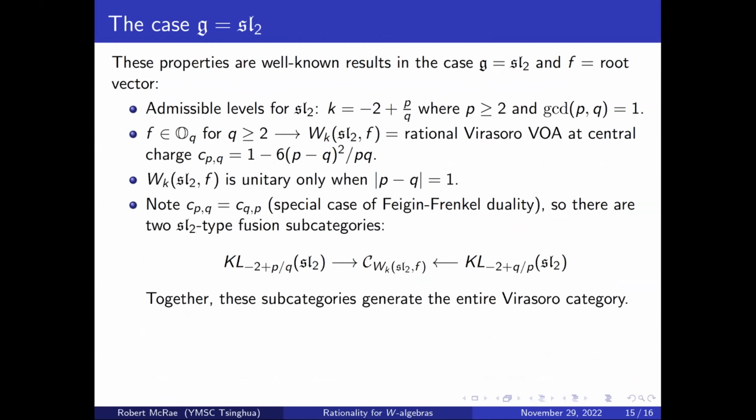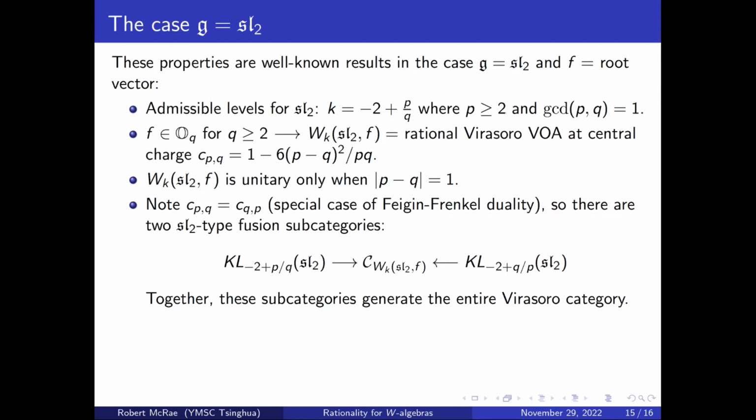If Q also is at least 2, then the nilpotent orbit is the non-zero one, so you get Virasoro VOAs. The rational W-algebra is a rational Virasoro VOA at these c_{P,Q} central charges. And it's known that this is unitary only when the difference between P and Q is 1.